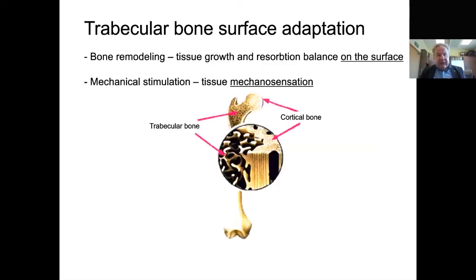But I would like now to look at biology. So the trabecular bone surface adaptation. This is a very interesting phenomenon. That bone remodeling, this is a special kind of bone inside the heads of long bones, like here in the spine and in many spine elements and many other elements of our organism.